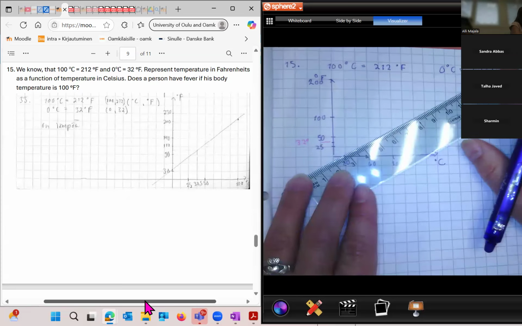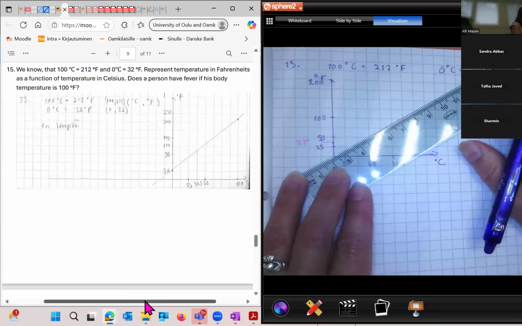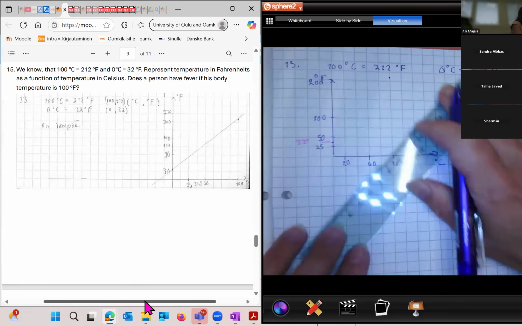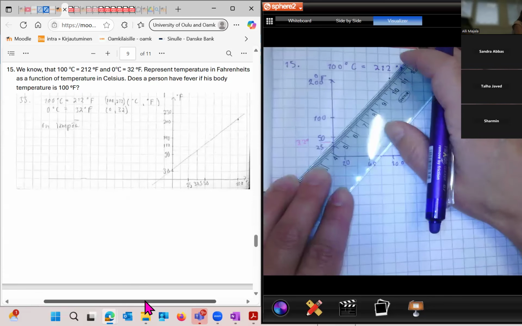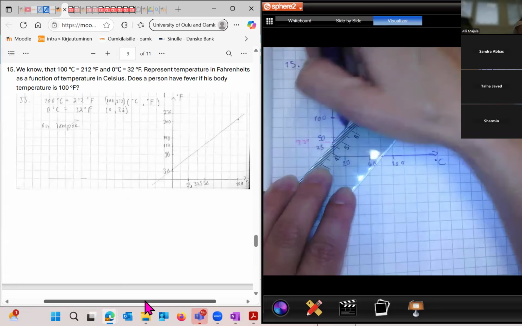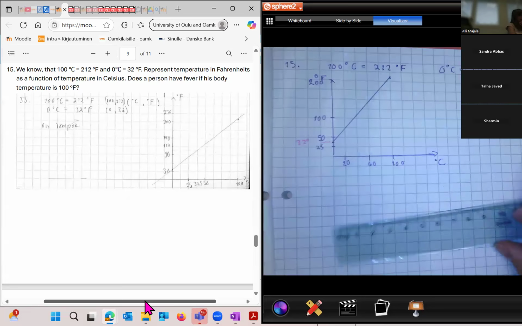And then I just like 212. So then that was 25 the next. So then I go to somewhere here and then I draw and then I think about it. This is not the best solution, yeah.